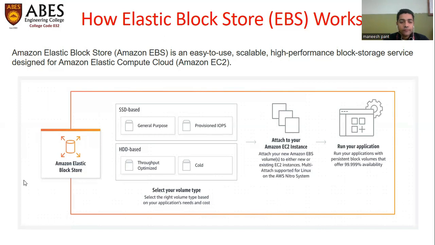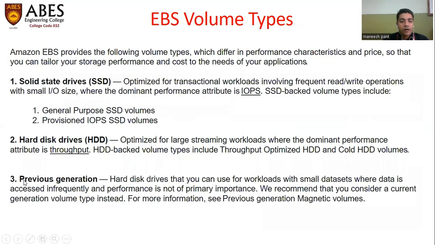Okay, moving forward. Now here we are doing the same point again. What is the main purpose of solid state drives SSD, and what is the main purpose of hard disk drive HDD?